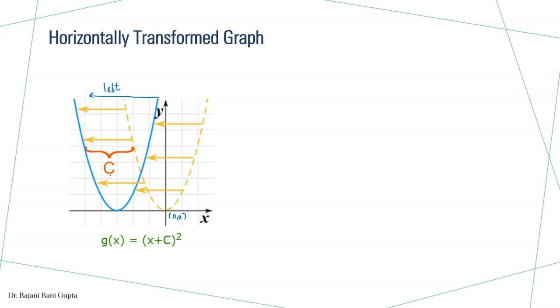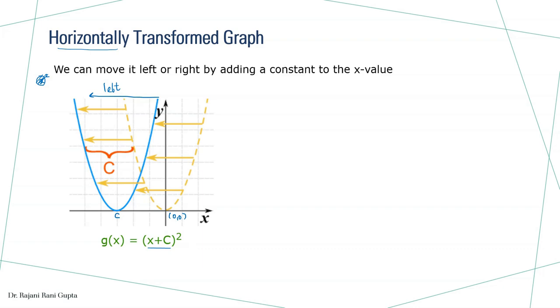So when it is moving towards the left, the transformed function will be x plus c power 2. So this is c. So you see here, you don't see the function x power 2. Instead, this is changed. So it means it is a horizontal transformation. So it is x plus c power 2.